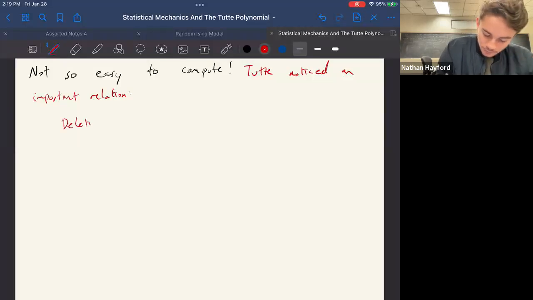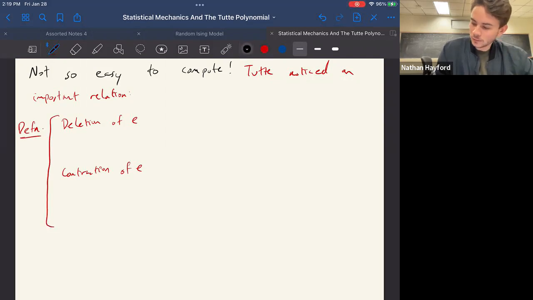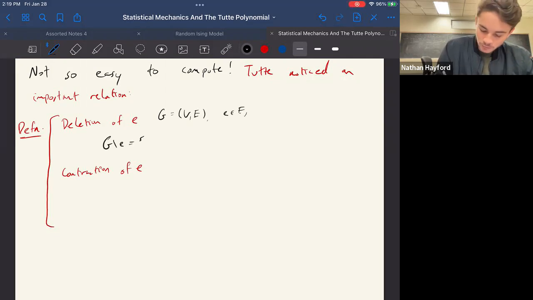So deletion of E and contraction of E. So given a graph G, if E is an edge in the edge set, I define the graph G minus E. It's a new graph, and it's going to be the graph defined by taking V, the original vertex set, and removing E from the edges.